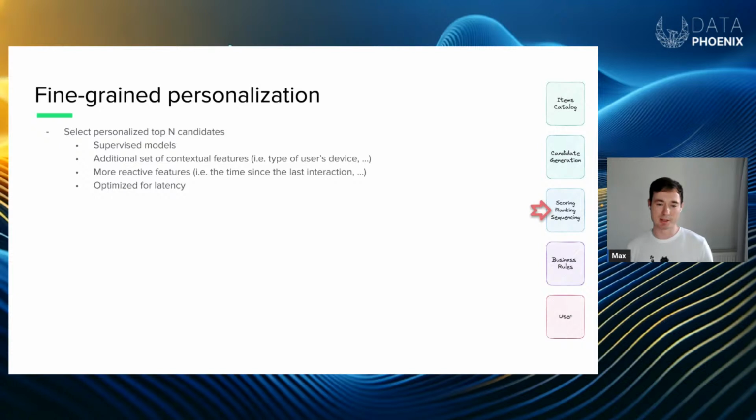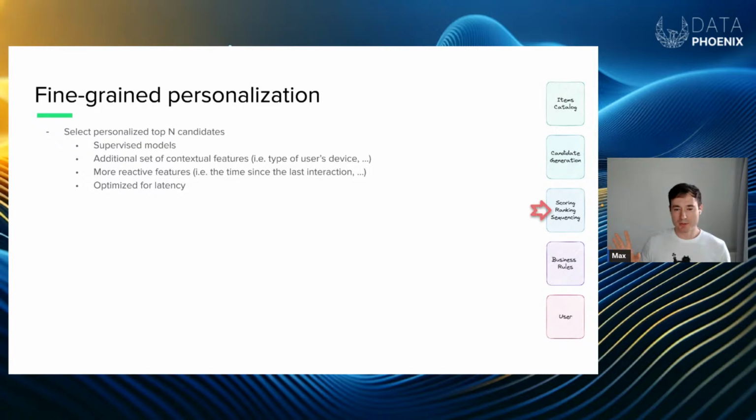Within the industry, I usually still see a few-layer neural networks. That is basically because we are still trying to optimize for latency at this stage, so going really big and crazy might be problematic.